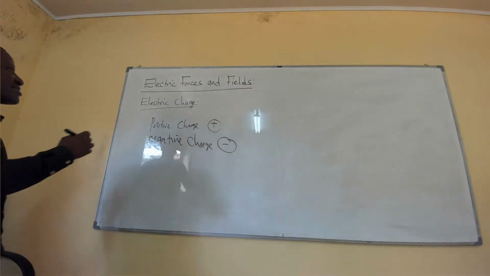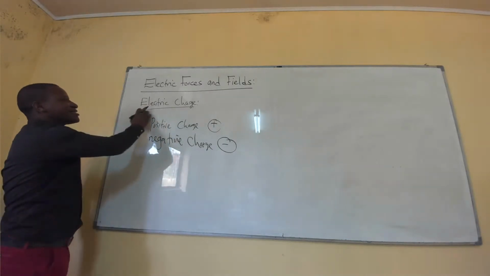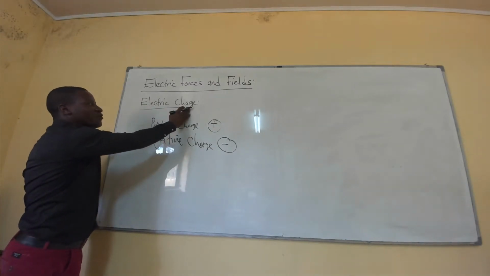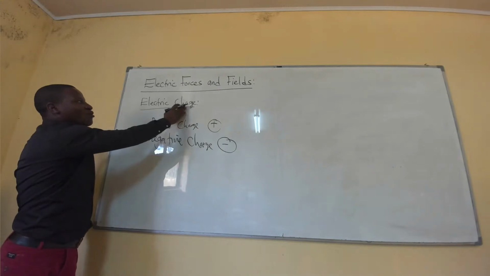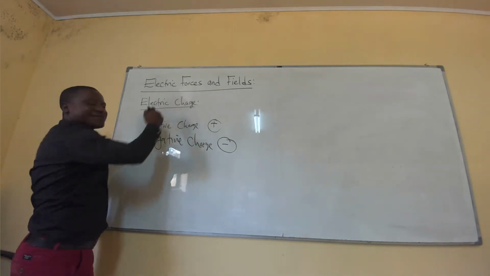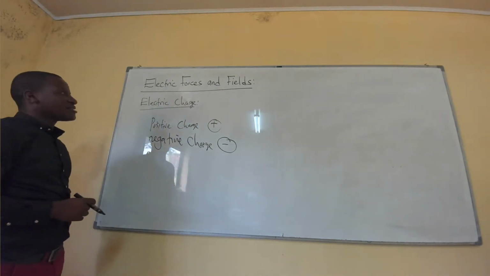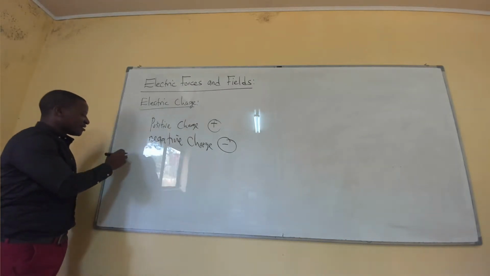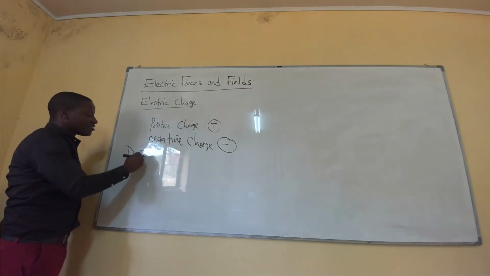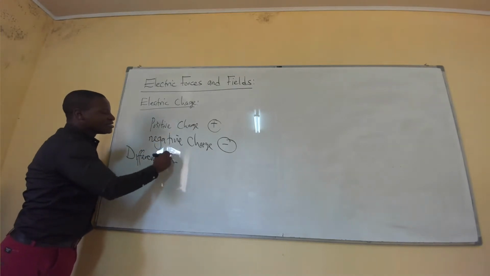So what is important when you look at electric charge? First of all, we need to identify what brings about this charge. What brings about charge is the difference in the potential.